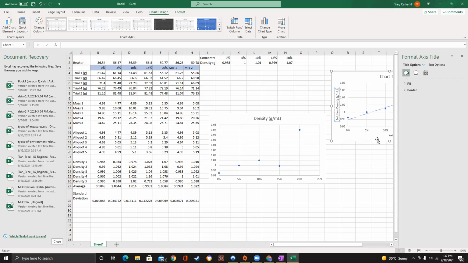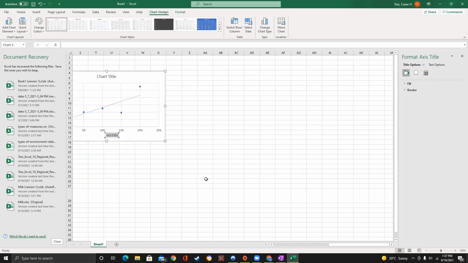Leader. Solution concentration. Variance. Sucrose. Concentration.